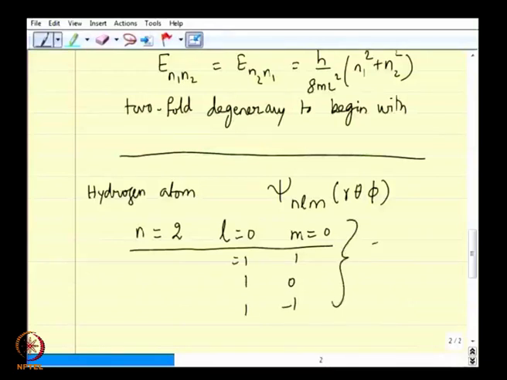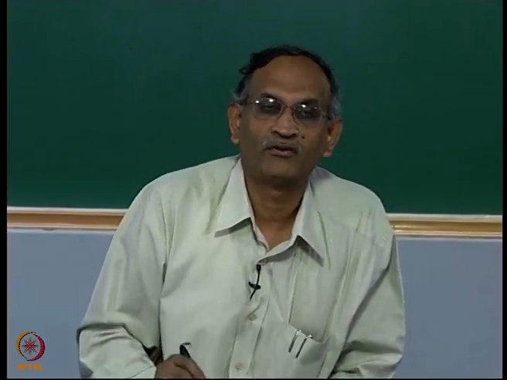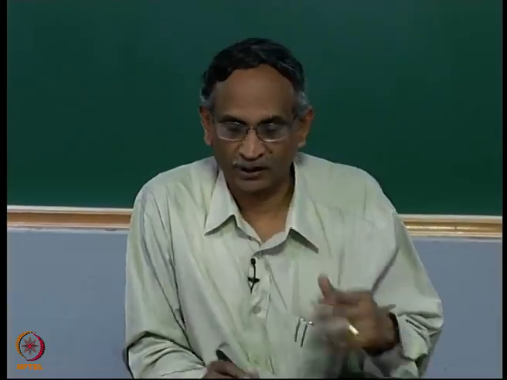So the degeneracy for the hydrogen atom with the principal quantum number n is n square, 4 of them, and you probably recall that when n is 3 it is 9, s, p, d, and s, p, d, f and so on. So the point is there are states which are degenerate, all of which have the same energy, minus Rydberg constant times hc divided by n square. So you have more than one state which are degenerate.